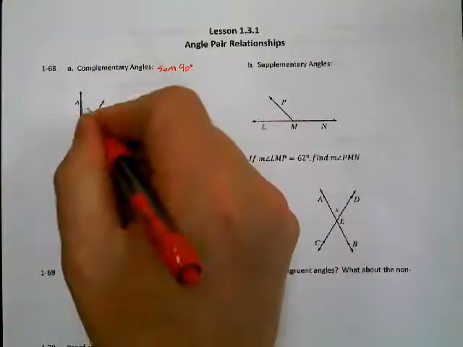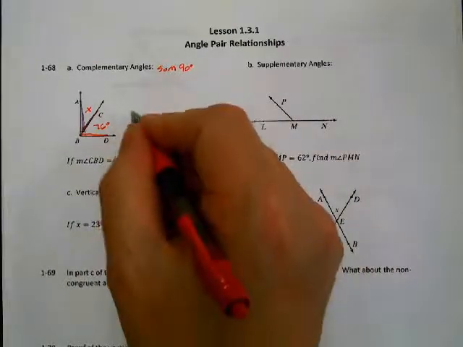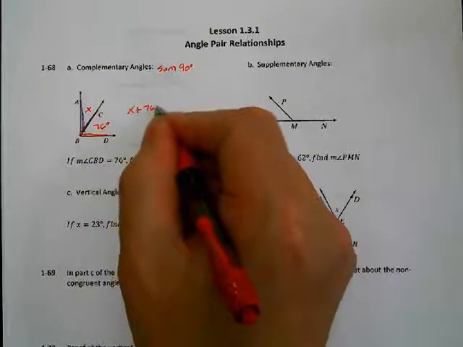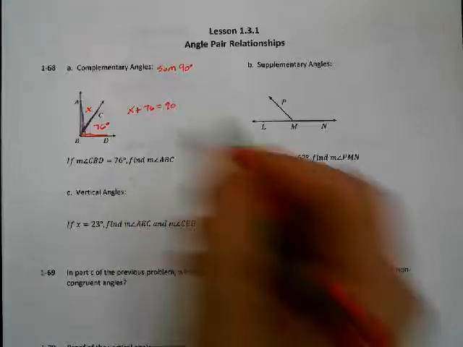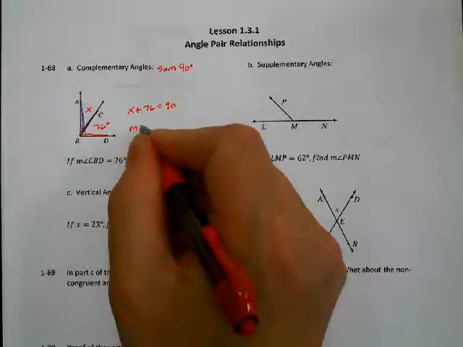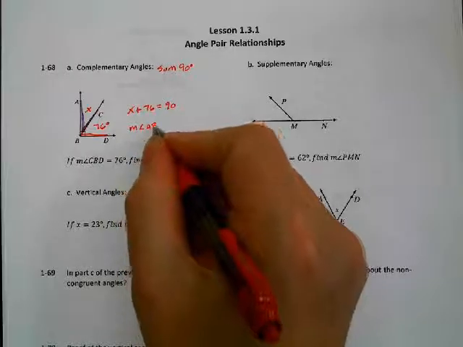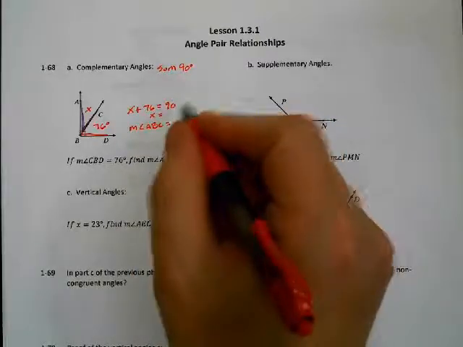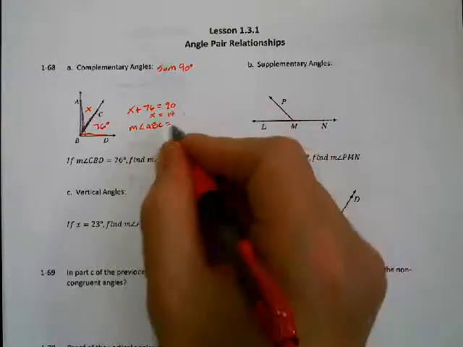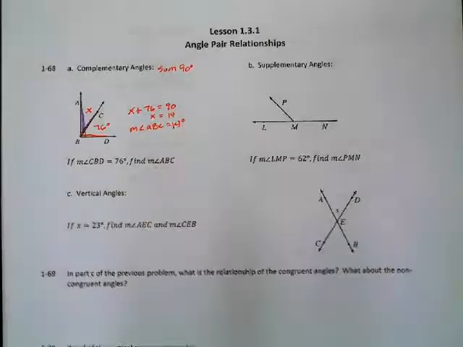All I have to do is say x plus 76 equals 90 degrees. I subtract 76 from both sides, and x equals 14. So the measurement of angle ABC is 14 degrees. There we go.